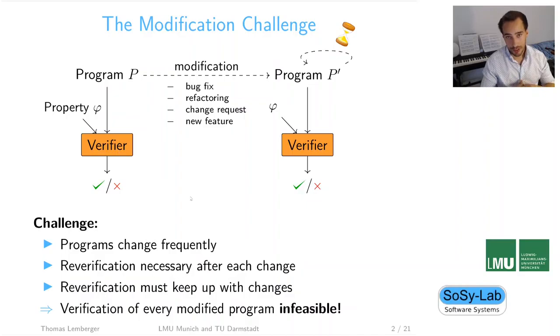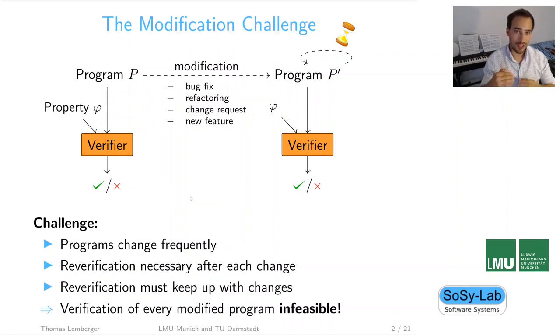We run our verifier again, it takes some time, and we get a result. And this continues. Every single modification we want to check that our program is safe. And we want to do that so that we have a continuous integration, so that we always know when a bug is introduced. But this has multiple challenges that don't occur in testing that often.